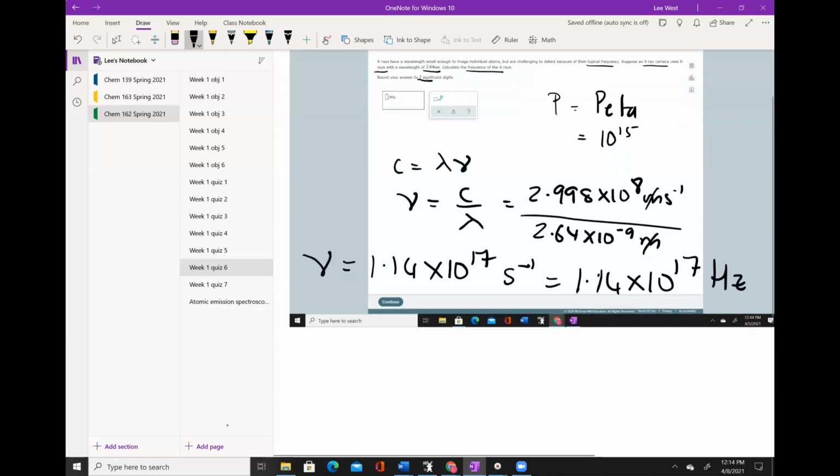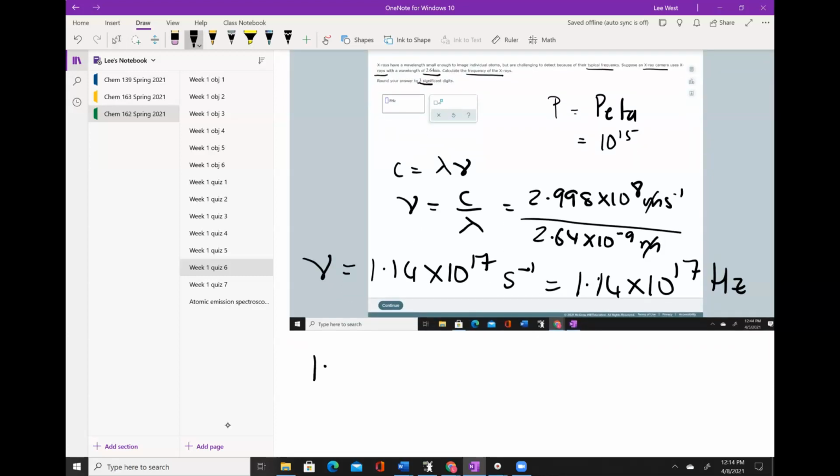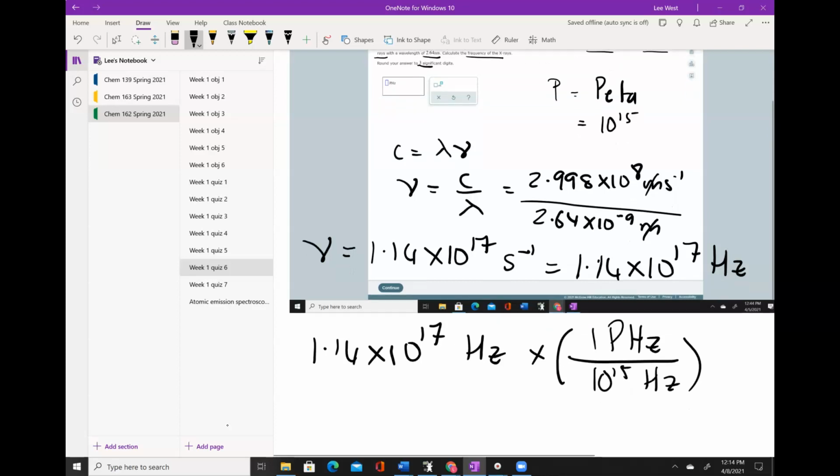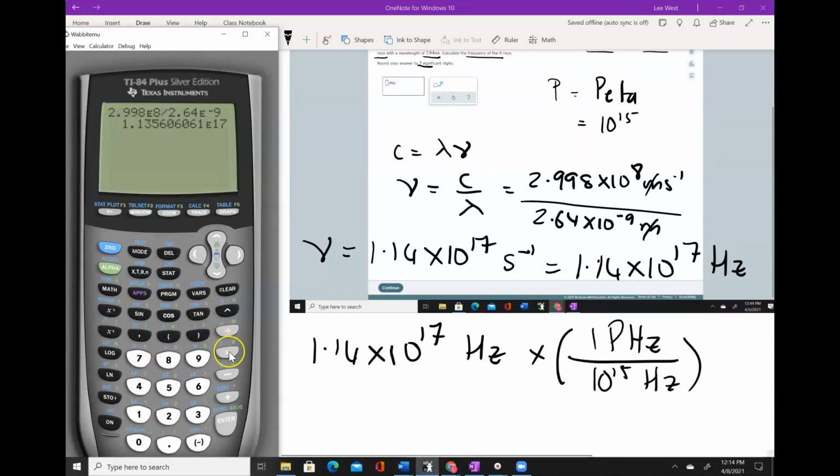Now, we don't want it in hertz, we want it in these petahertz. 1.14 by 10 to the 17 hertz times 1 petahertz is the same as 10 to the 15 hertz. So it kind of makes sense why they were doing this now, because it's going to give us a nice number without an exponent, right?